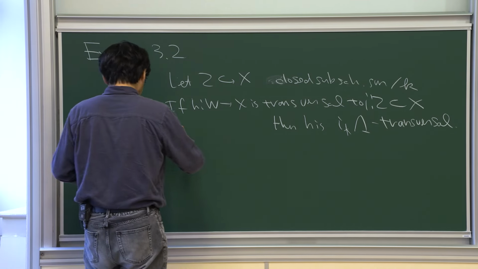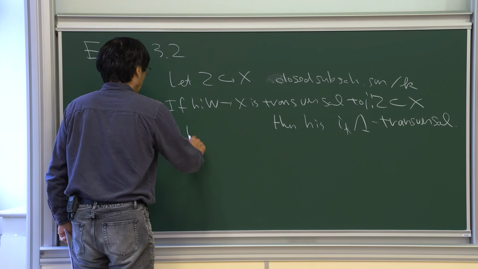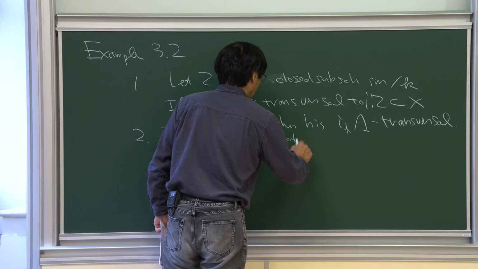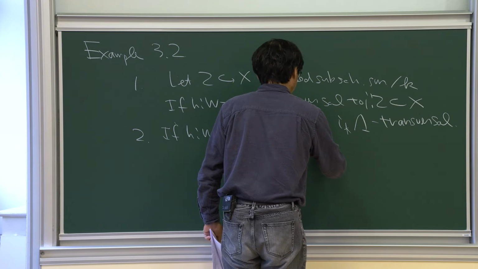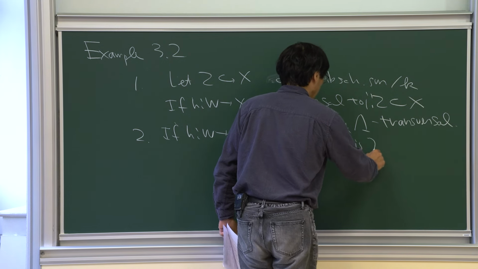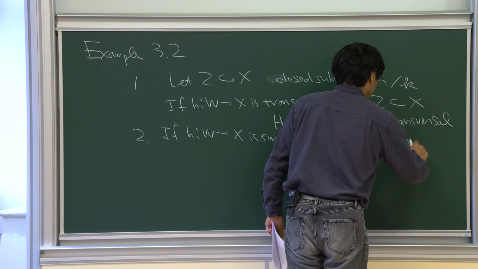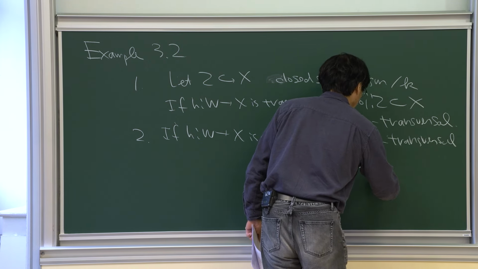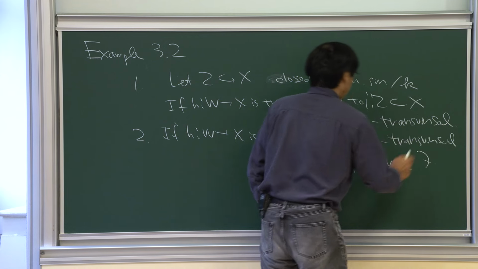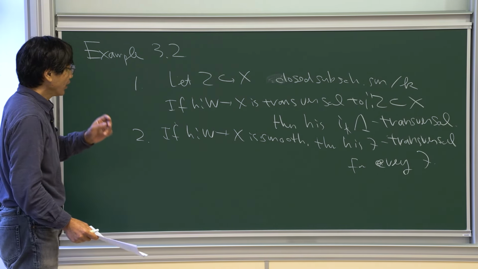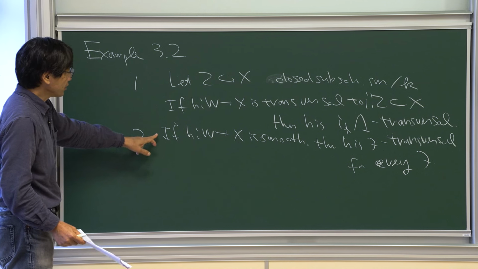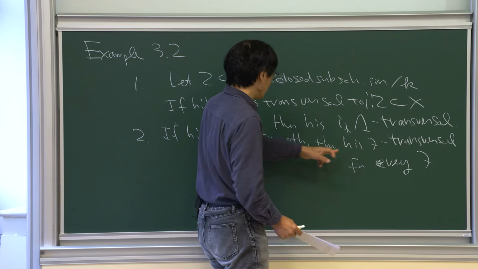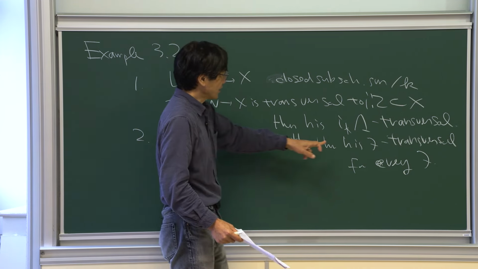Okay. The second one is that if H is smooth, then H is F transversal for every F. So in the C transversal case, F is anything, and if the motion is smooth, then H is C transversal.